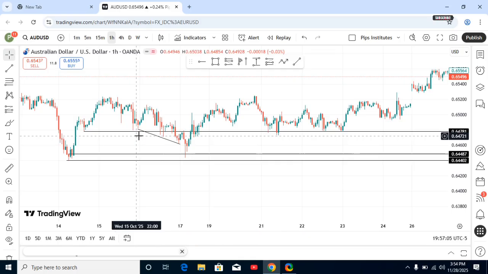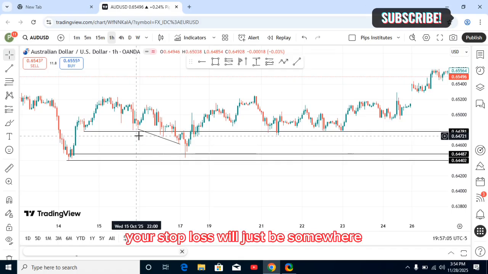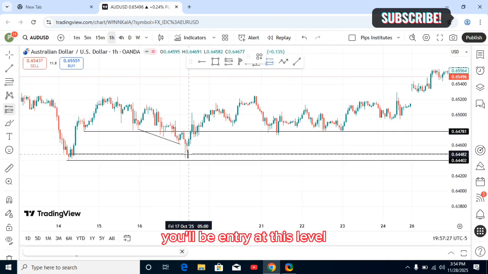Bye bye. Your stop loss will just be somewhere, let's say this right here. You'll be entering at this level, and stop loss will just be right here, below there.